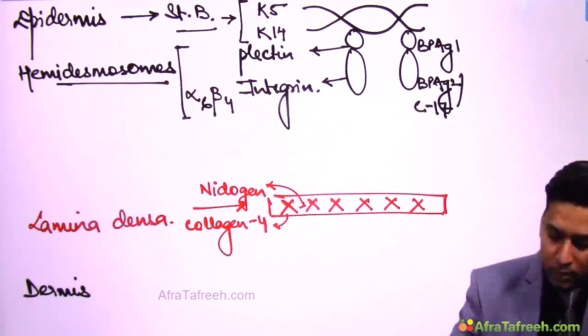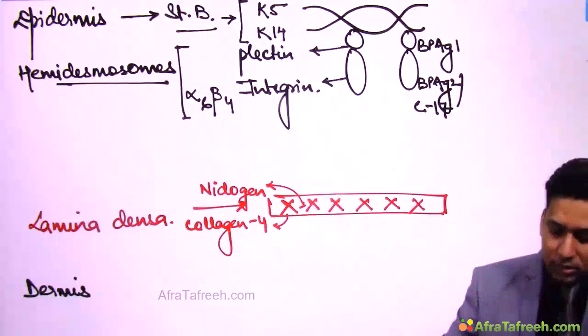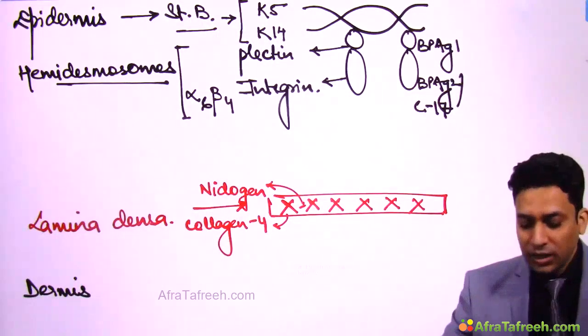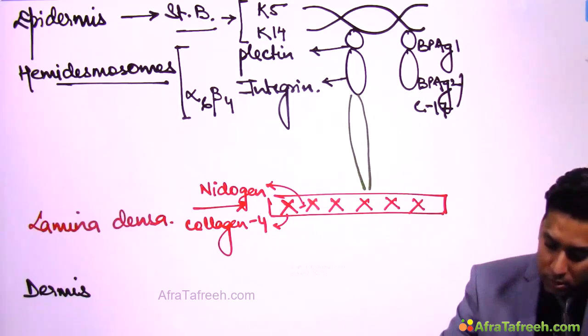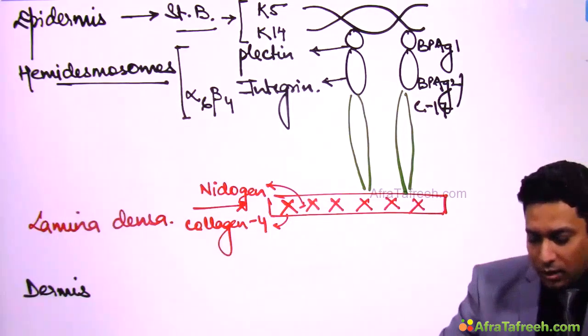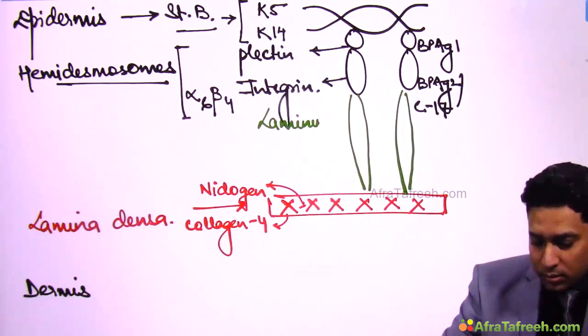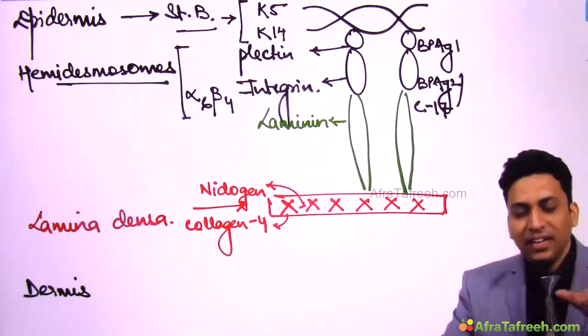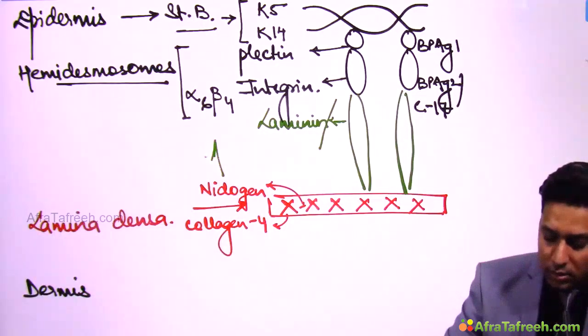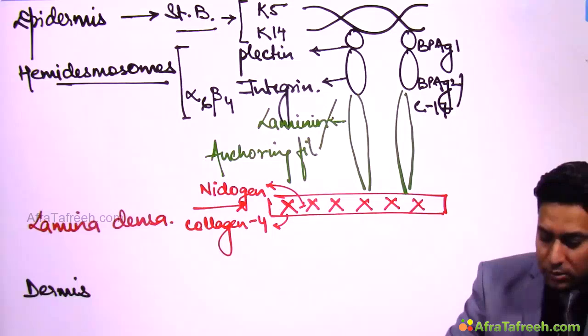Okay, now this hemidesmosome is attached to underlying lamina densa via filaments. These filaments are laminin filaments. And because these filaments are helping in anchoring these two layers, these are also known as anchoring filaments.